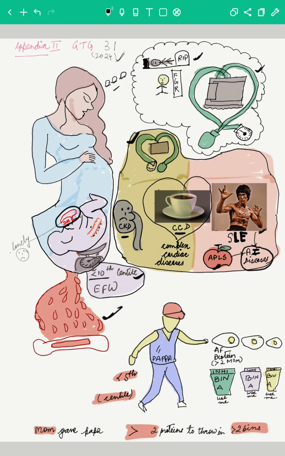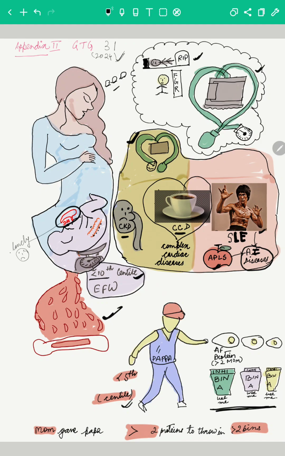Now, a few blood markers for fetal growth restriction in the current pregnancy. The easiest way I could summarize it is, Papa had very poor scores, that is, he had scored less than 5th centile. So mom put him to work and he was made to do the menial jobs.